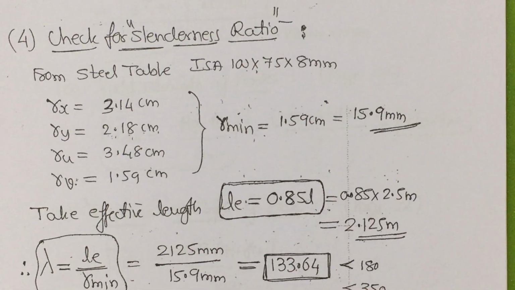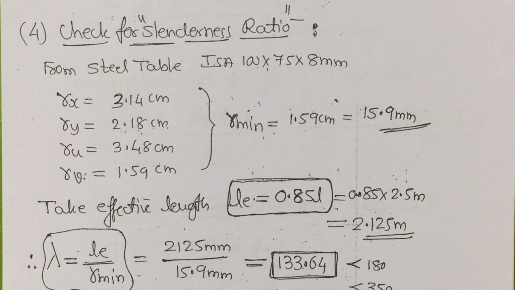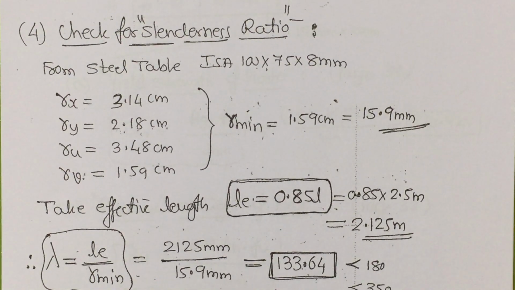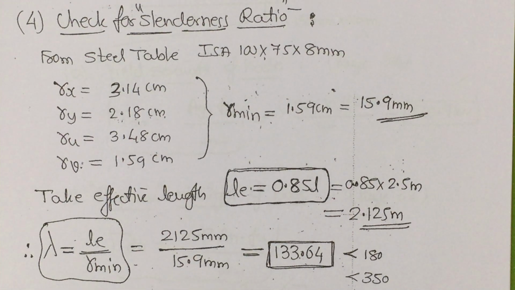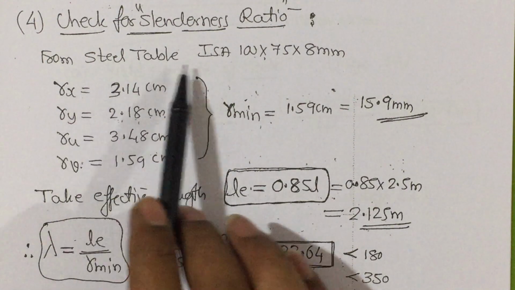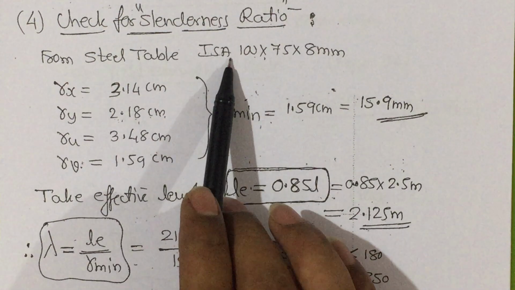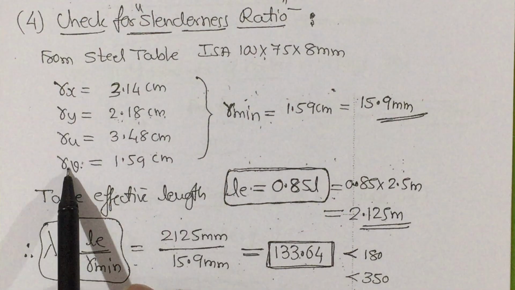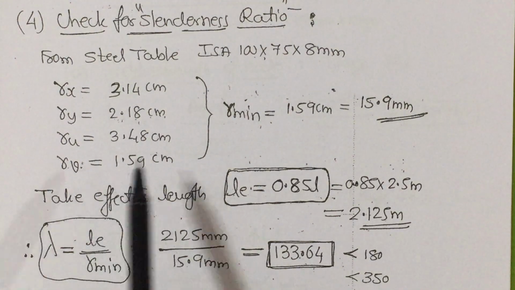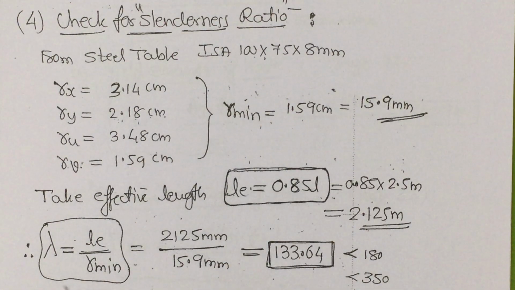One part is over. The next part is, in the problem they said to also check for the reversal of stress or the slenderness ratio. Slenderness ratio is nothing but lambda, we need to check it. Then, from the steel table, for the given member, note down the values Rx, Ry, Ru, Rv. Out of that, take the least value, that will become r minimum.